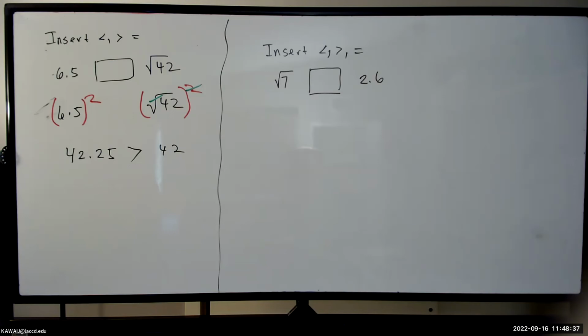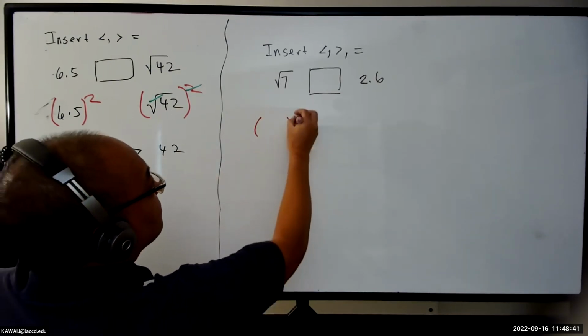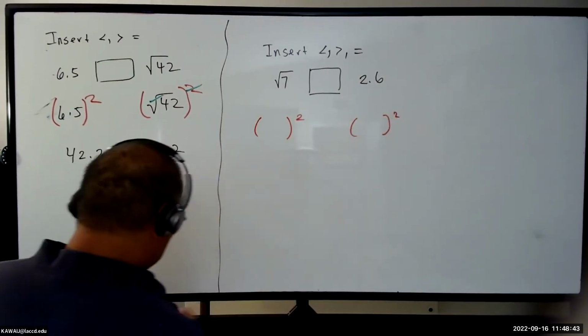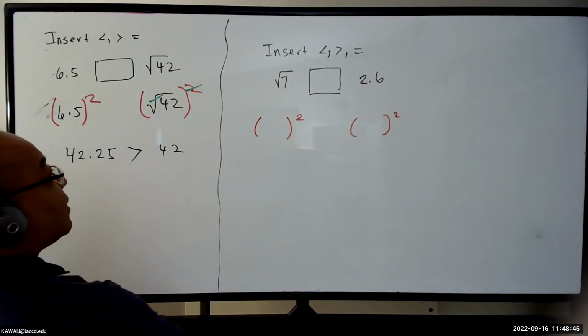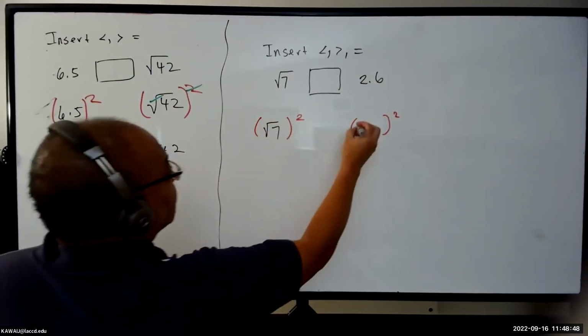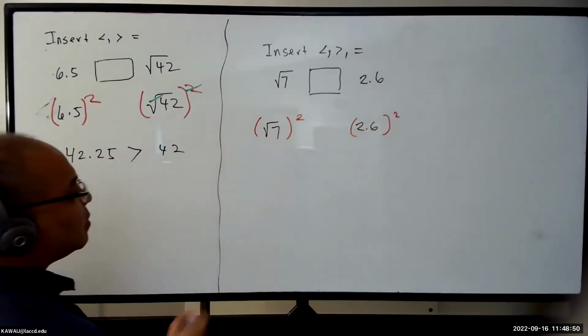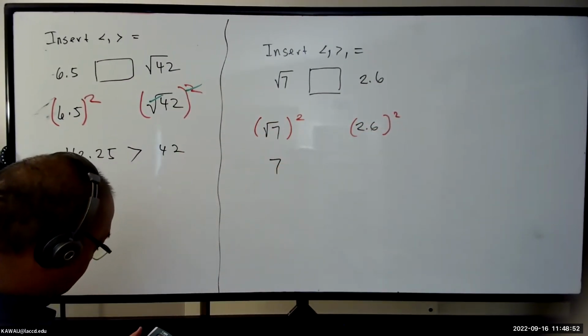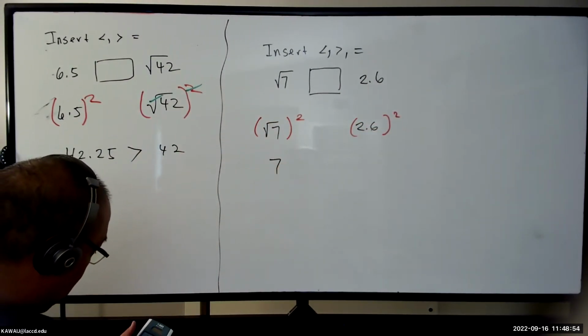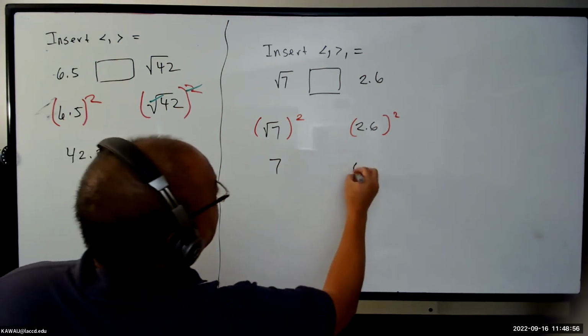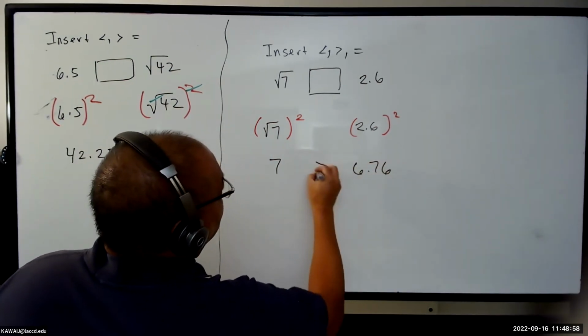Thank you. Okay, is that better? Okay, so then let's square both sides. So I have square root of 7, and I have 2.6. So I get 7, and then 2.6 squared is 6.76, and this is smaller.